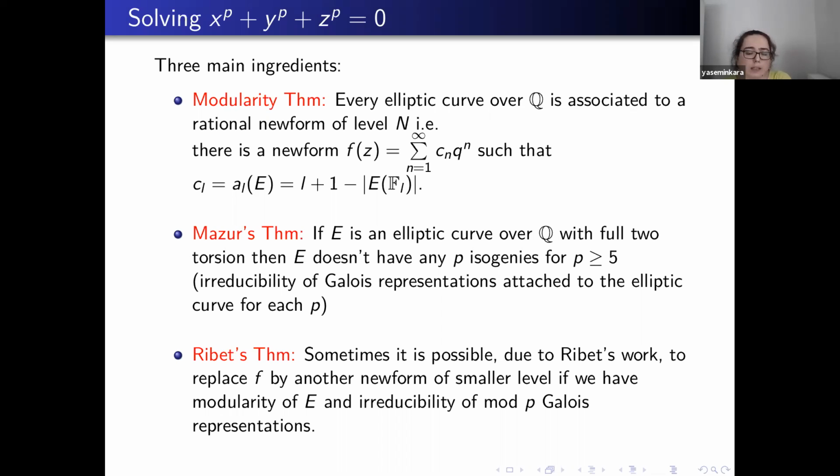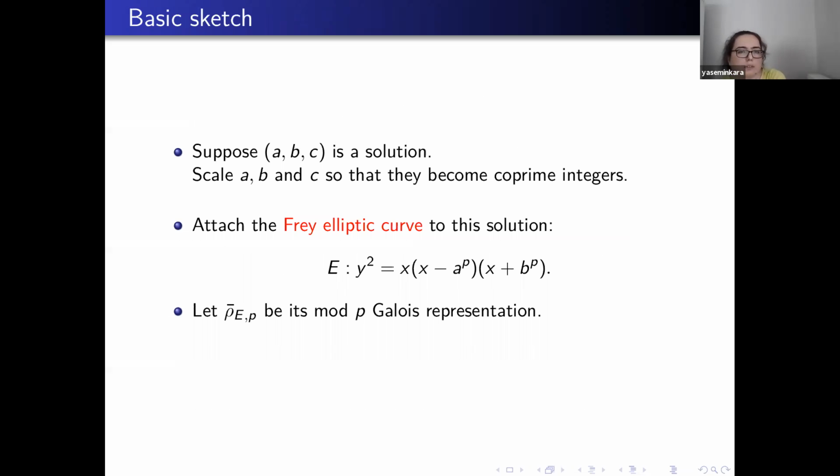Okay. Now I will give a very basic sketch of Fermat's Last Theorem. You assume that (a, b, c) is a solution and you can scale it so that they become coprime integers, and you can even put more conditions.